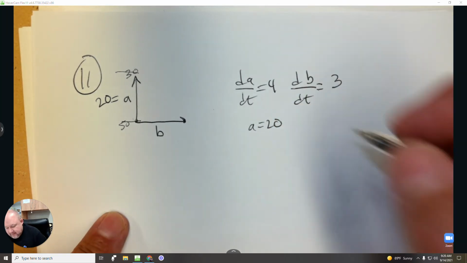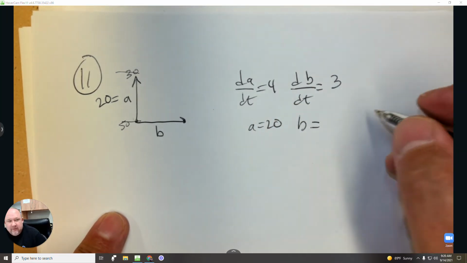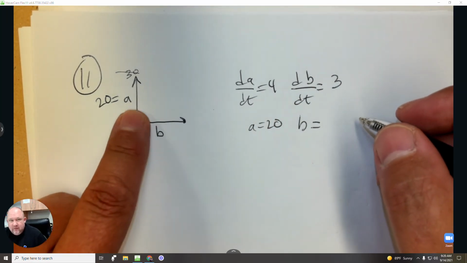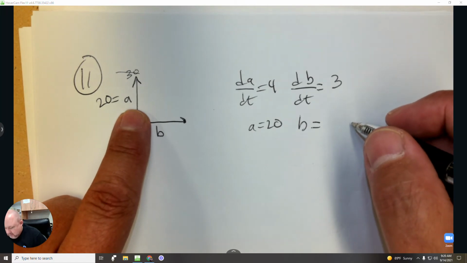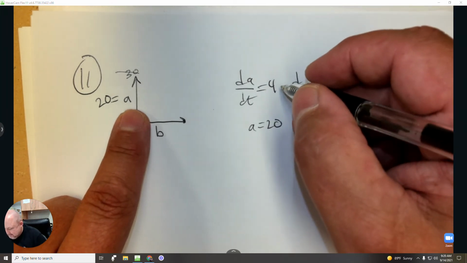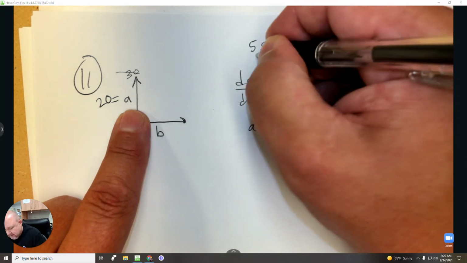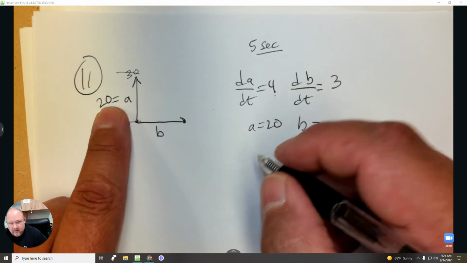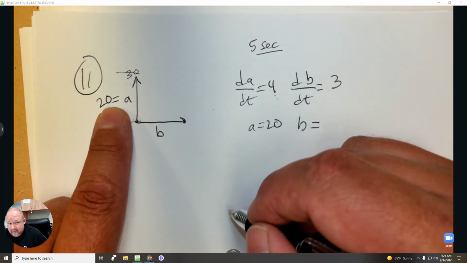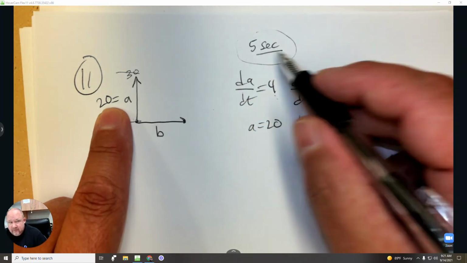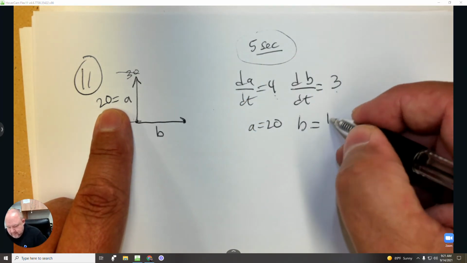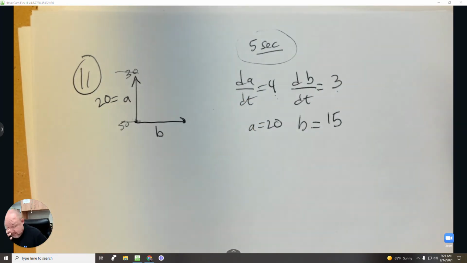Now, to understand what B is, we need to understand the rate. So, if the rate is 4 yards per second, then it must take 5 seconds to get to 20 yards, because 5 times 4 is 20. So it's 5 seconds. So 5 times 3 would make this 15 going at that rate.